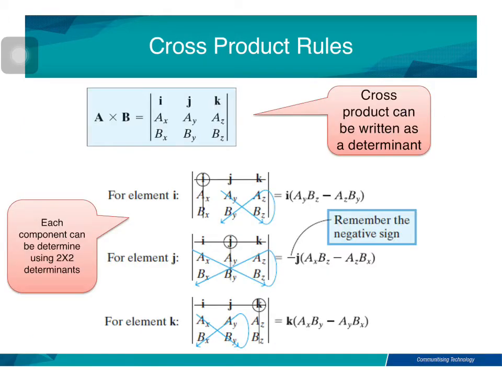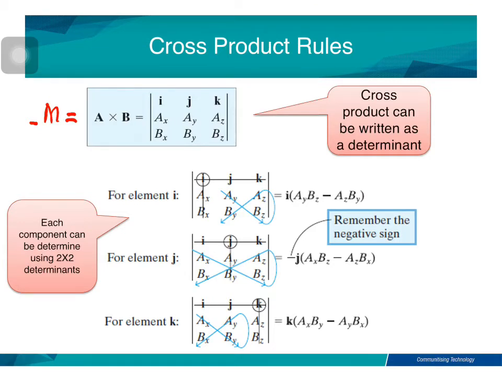So here is the step to formulate the moment. Here, this is the moment. Moment is equal to A cross B. You can write it as this determinant, and then solve the determinant.